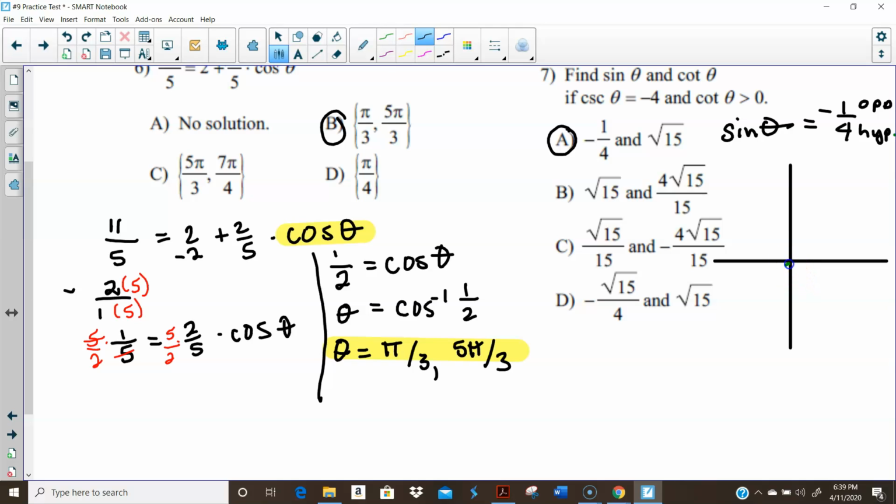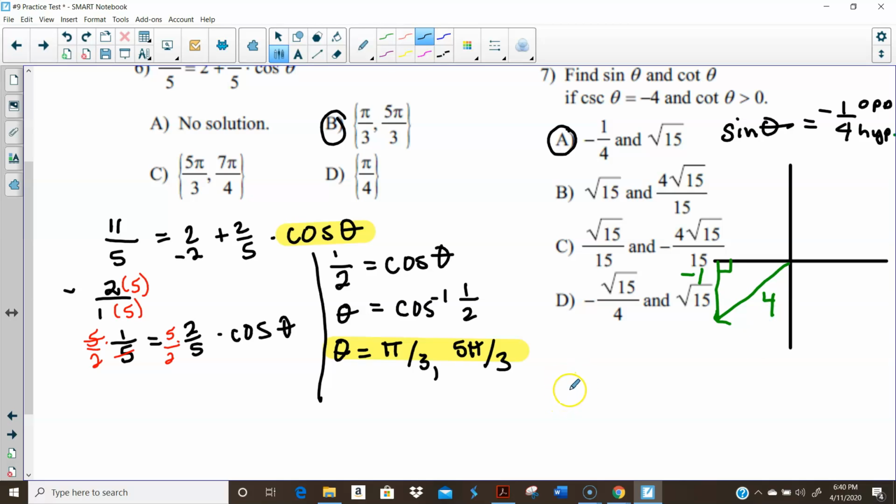So now we know for sure that we're in the fourth quadrant. And I know this isn't the best picture, but here's my triangle. And sine is opposite, so that's -1, and over hypotenuse, which is 4.